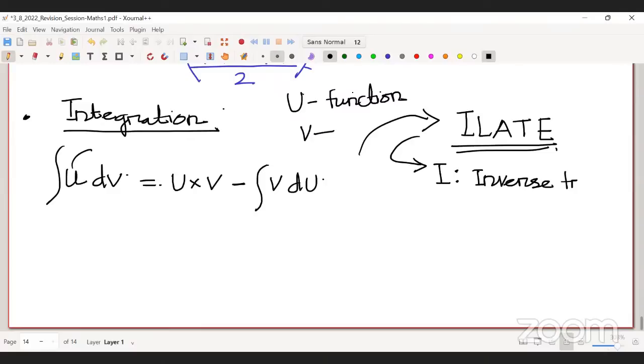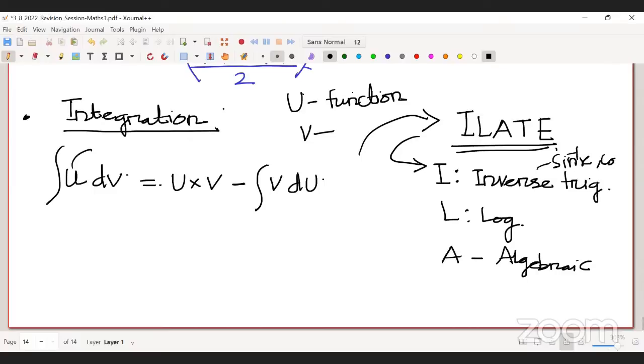So the thing is, first is inverse trigonometric function. Then logarithmic function, then algebraic, then trigonometric, then exponential. Here you have something like sine inverse x, cos inverse x, and here you have log, and now algebraic, which is something like x square, square root of x.